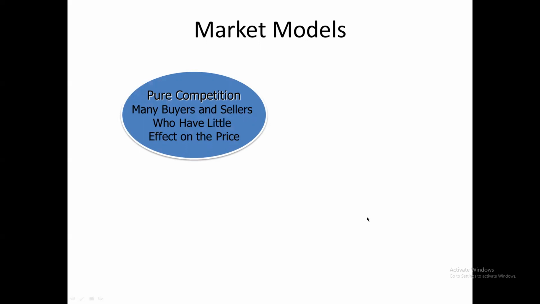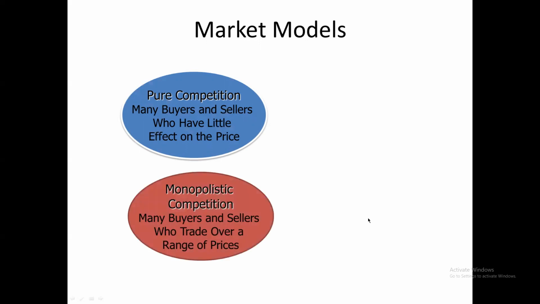Then comes monopolistic competition. In this competition, many buyers and sellers exist who trade over a range of prices. That means the prices are limited.